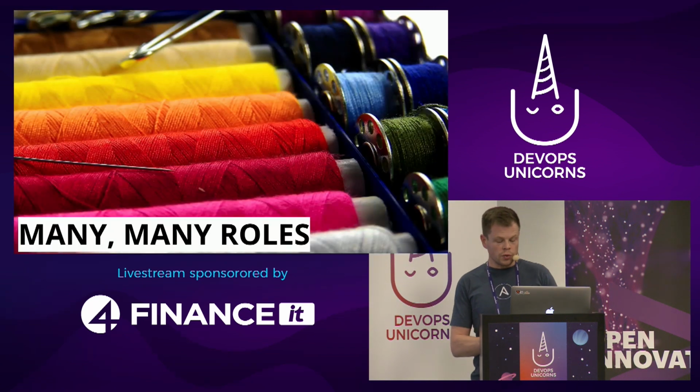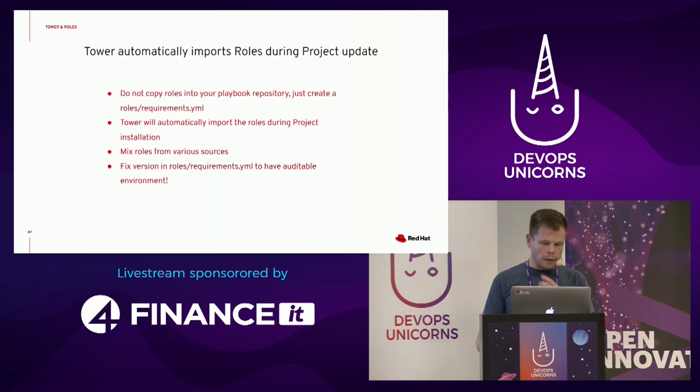So first of all, roles. Now, it supports roles insofar as in Tower we have a project, which is basically a repo. So you add the project repo. Tower will automatically look at the requirements YAML, import any roles in there, any dependent roles, import those for you.